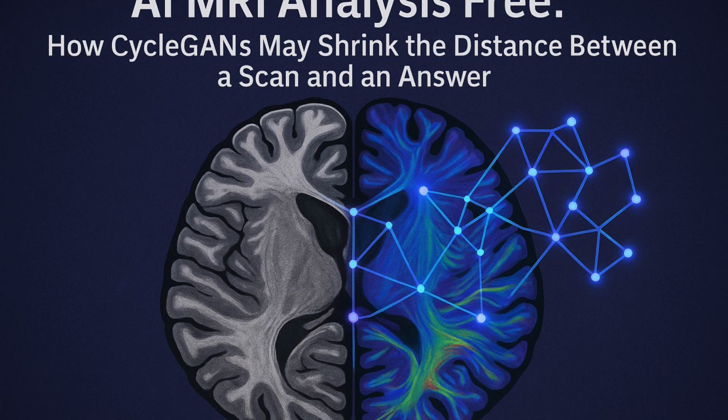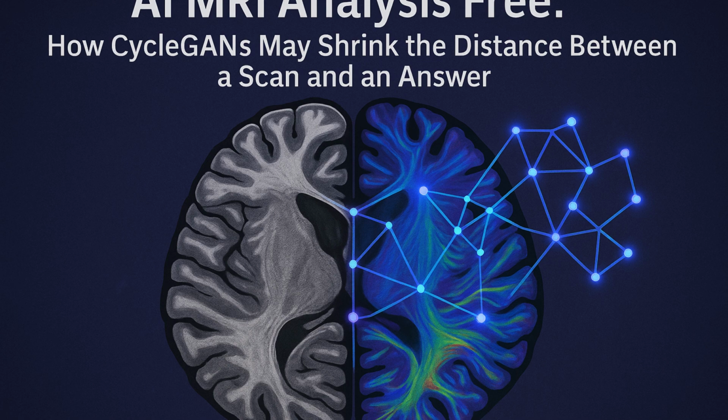Right. What CycleGANs do is learn the underlying patterns, the structure of each language on its own, independently. And then they figure out how to map features from one to the other without needing those perfect paired examples. So the AI doesn't need a perfectly matched T1 and FA scan from the exact same moment to learn. That sounds way more efficient. It is.